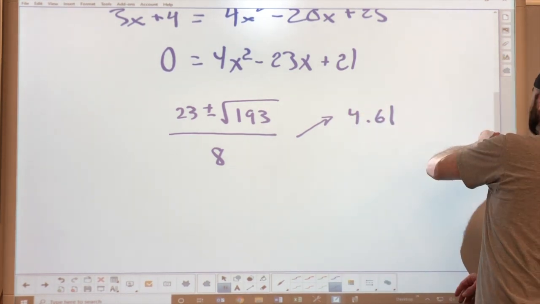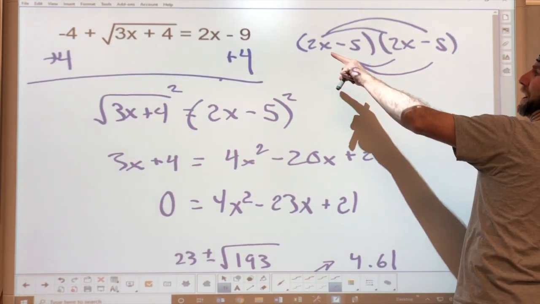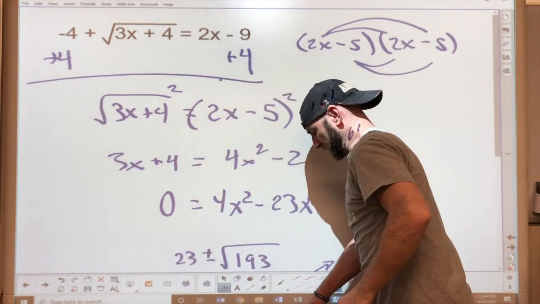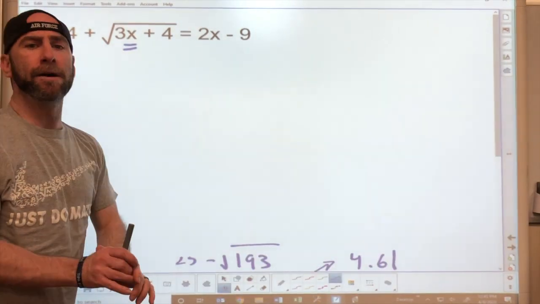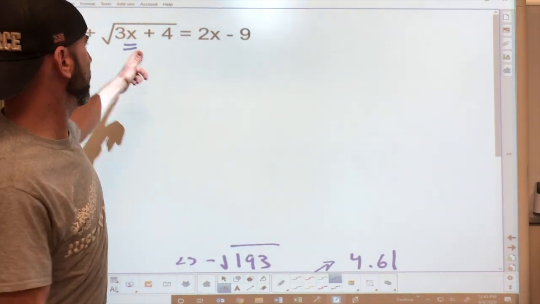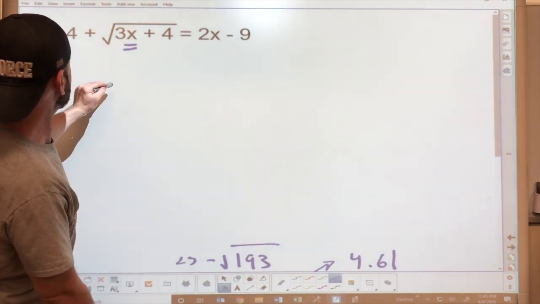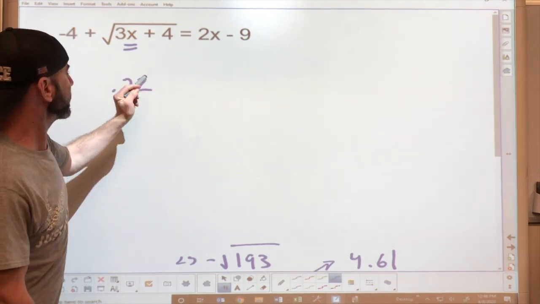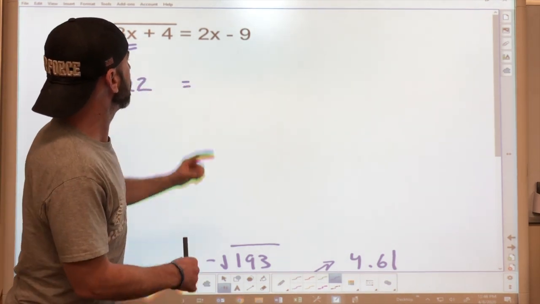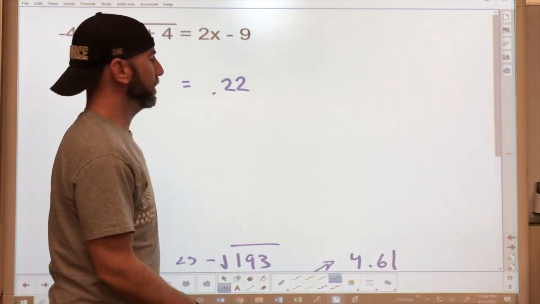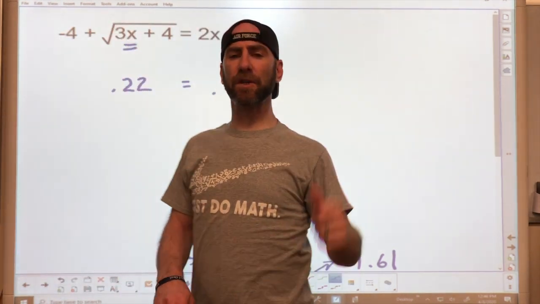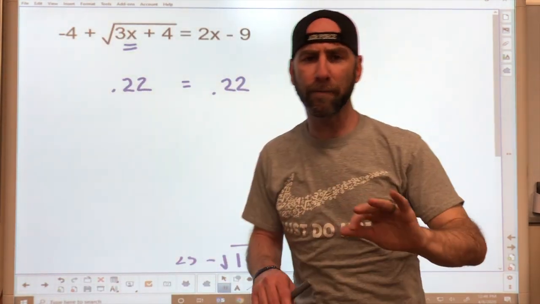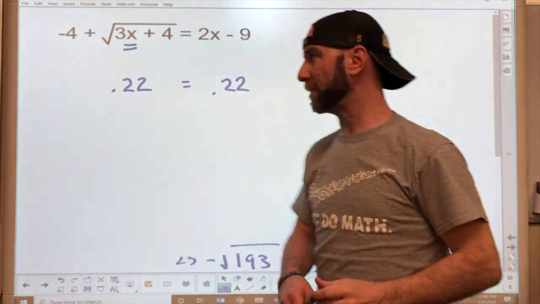I'm going to take this and plug it back into my equation there to see how close we are. Okay, plugging our solution into the x on this side over here, it gives a solution of about 0.22. So I want to see if that is going to equal the same on this side. Okay, they equal each other. We have a good solution, approximately 4.61.